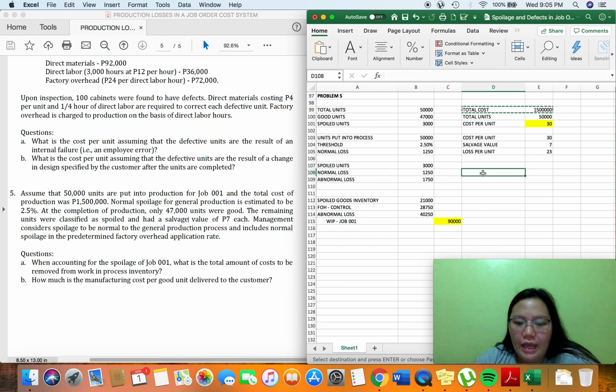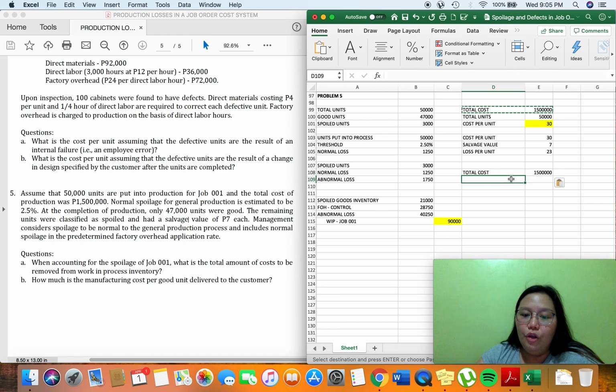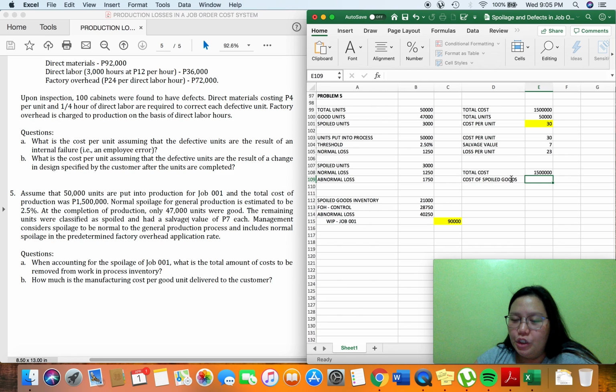Total cost, we have 1.5 million. And then, bawas natin dito yung cost of spoiled goods, which we have determined at 90,000.